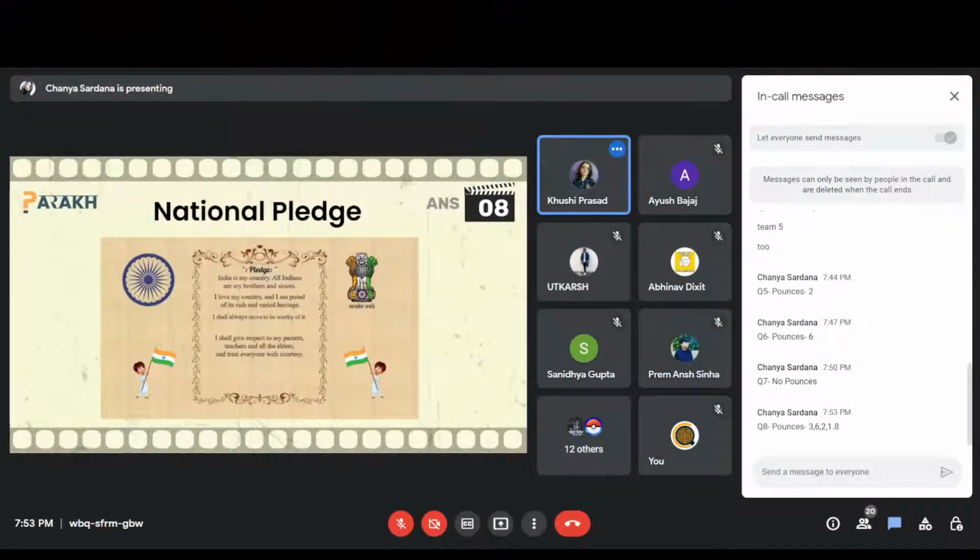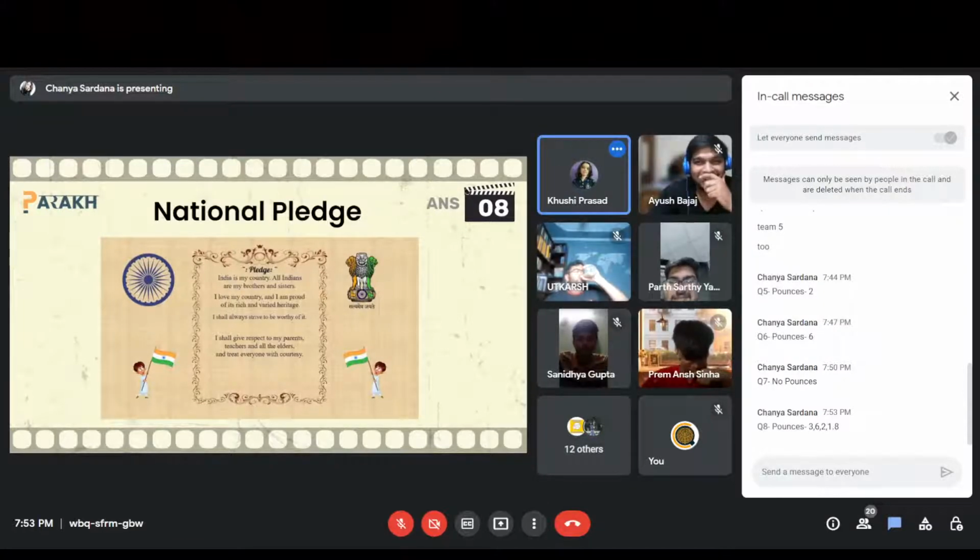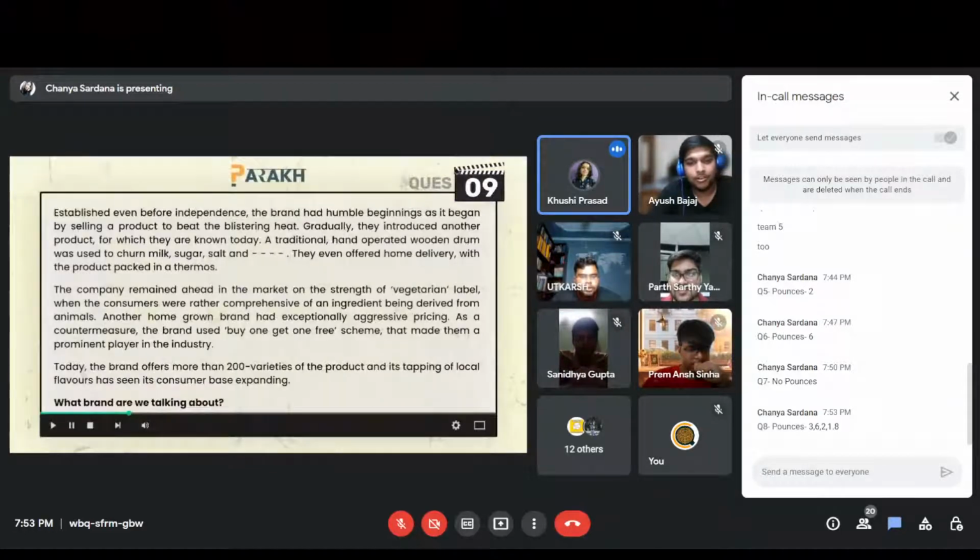Team 3, 6, 2 and 1 get it correct on pounds, so they'll get plus 20 as well. Minus 10. Okay, so moving on to the next question.